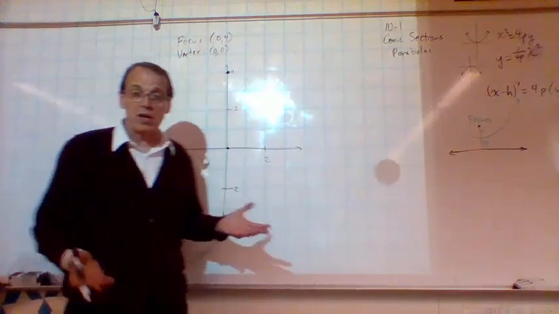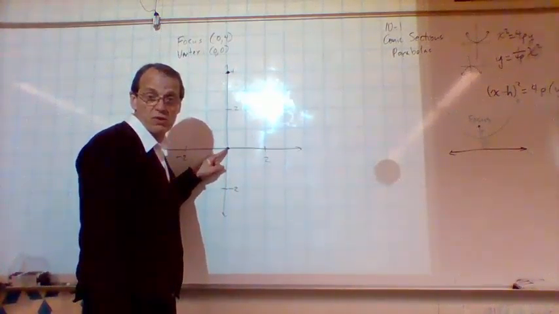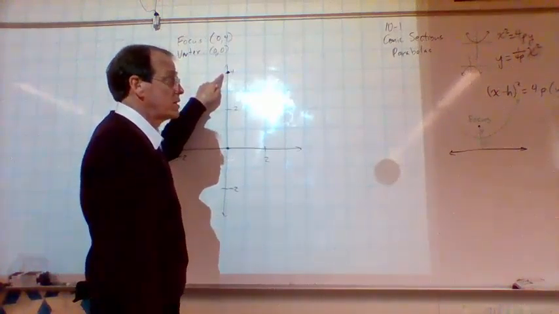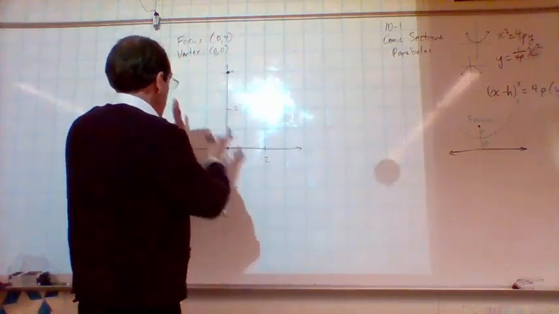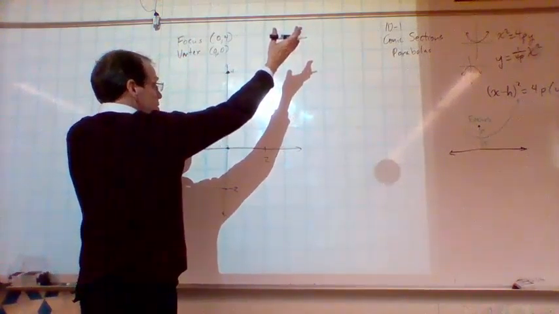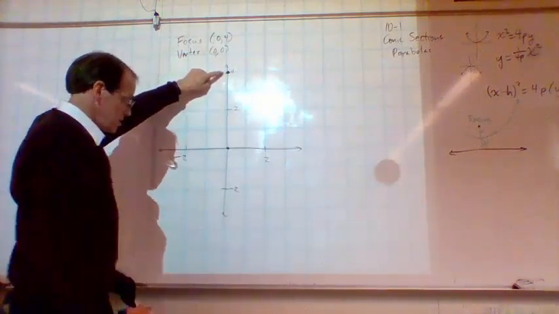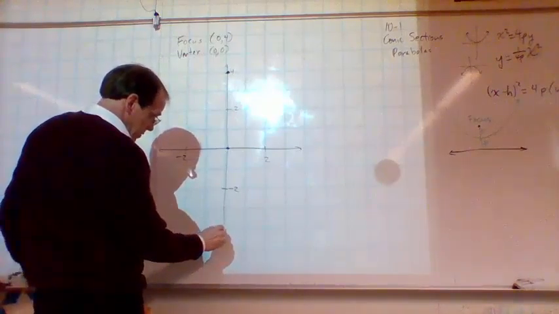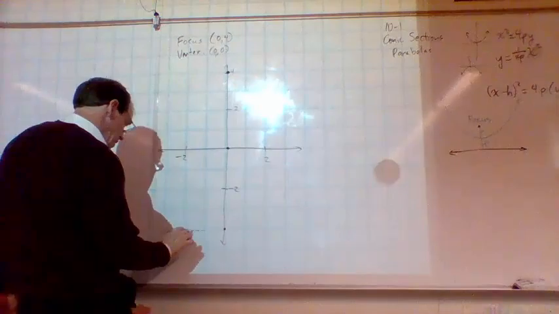I can tell right now that because the vertex of this parabola is right there and the focus is right there, this is going to look like one of those vertical ones that we saw. Specifically, it's going to open up in this direction, which means that the line that this is equidistant from is in the other direction. So that means it's going to go right here through y equals -4.